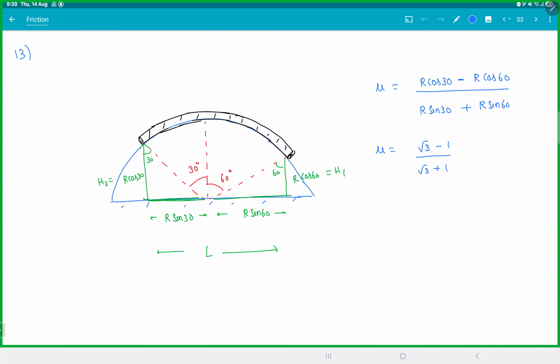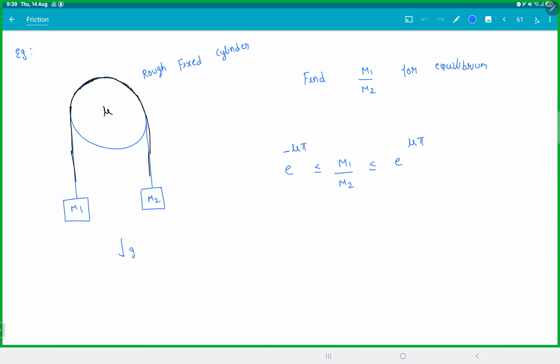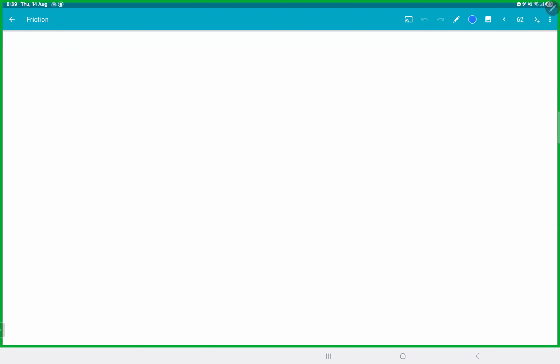Let's see something a little easy. We got a wall here. We got a floor here.